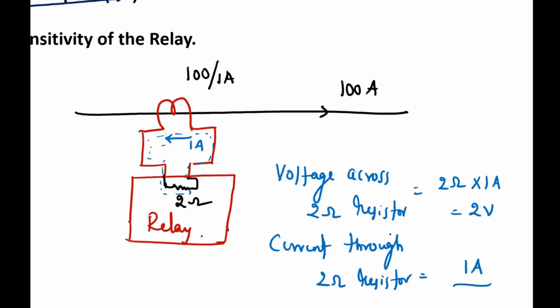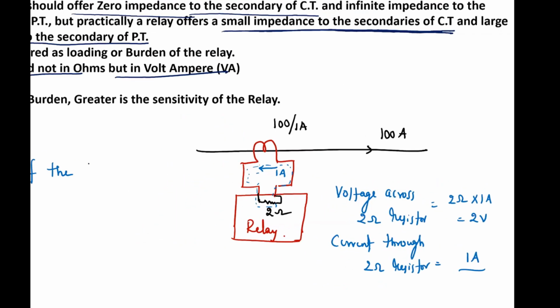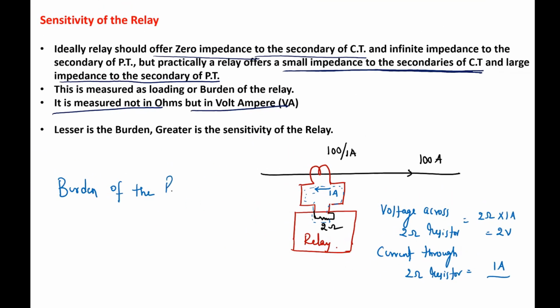So if you multiply this voltage drop and the current, you get the burden of the relay, how much burden the relay is offering to the CT. That is 2 into 1 volt amperes, that is 2 VA. Understand? This is called the burden of the relay.